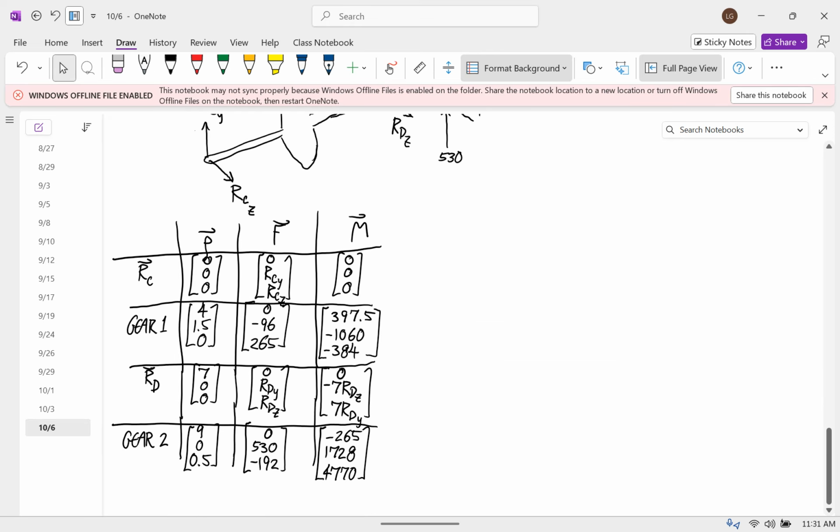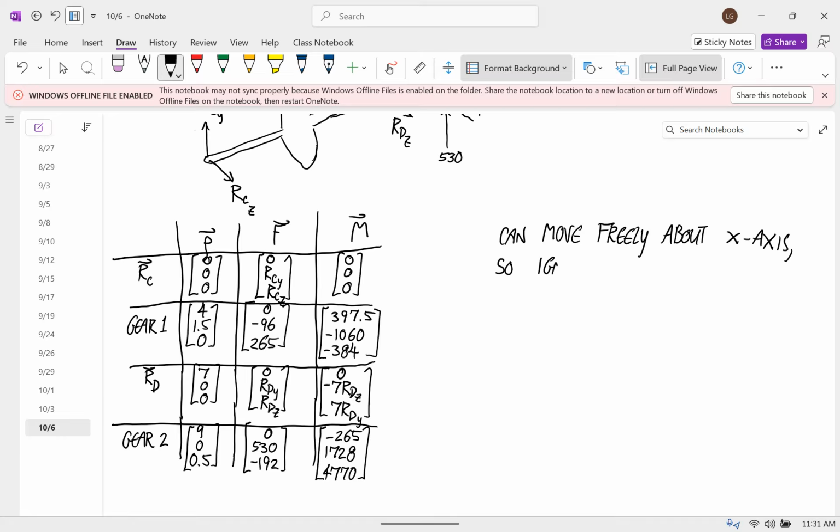Well, since this thing can move freely about the x-axis, we're just going to ignore the x moment equation.